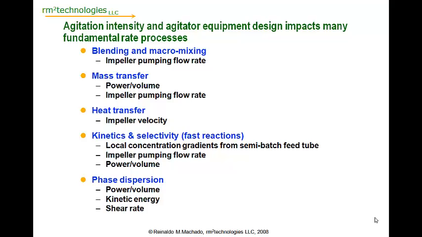Heat transfer is often impacted by the impeller velocity and design, and kinetics and selectivity can be very much impacted by the location of feed tubes and the pumping that is associated near that feed tube, be it the power per unit volume or the flow rate. And finally, the phase dispersion of liquid-liquid phases or solid-liquid can depend very much on the power per unit volume, the kinetic energy associated with that power, and the shear rate of the impeller.